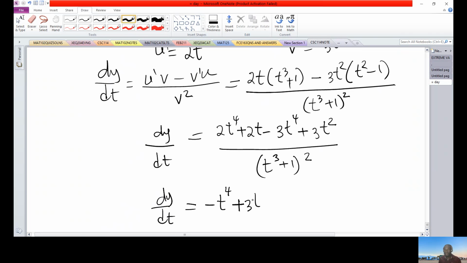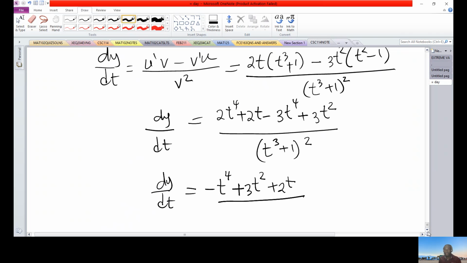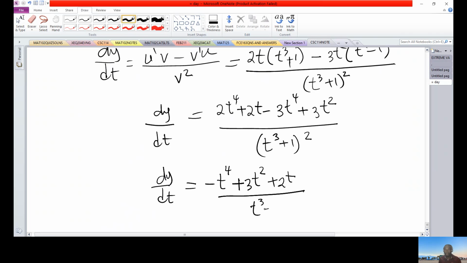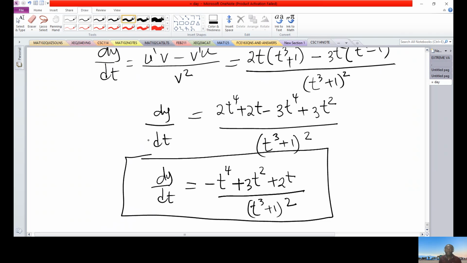So this becomes the final solution to the derivative of the given function. So that's how we work out problems involving the quotient rule. Thank you.